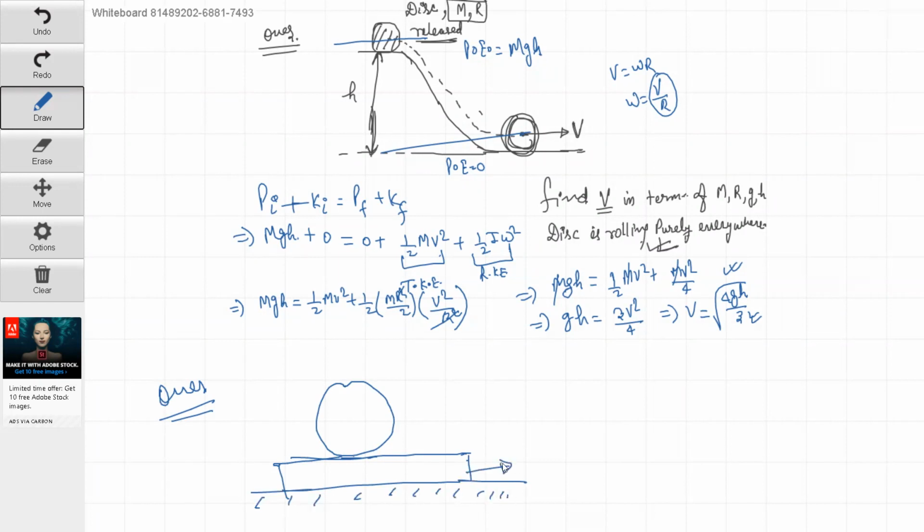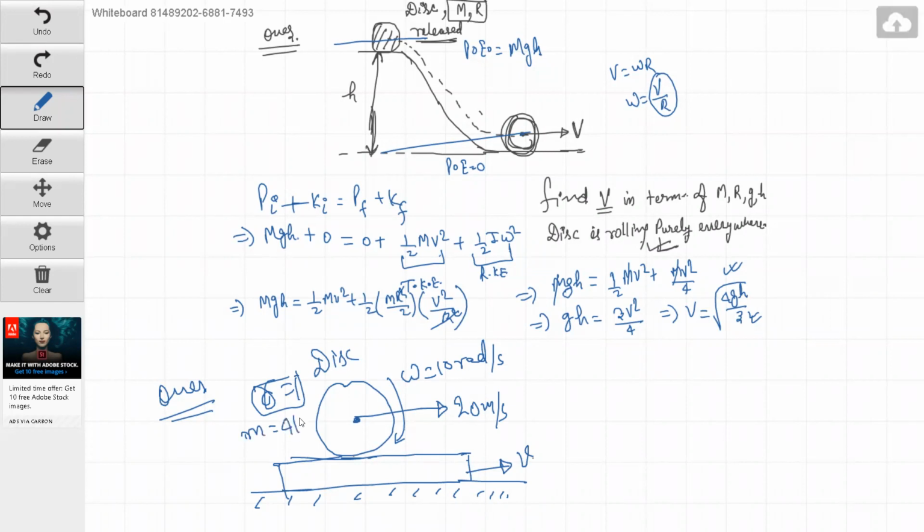This is moving in this direction with v velocity, and this one is going in this direction with 20 meter per second, and moving with omega equal to 10 radian per second, and its radius is equal to 1, and this is a disk. Its mass is equal to 4 kg.